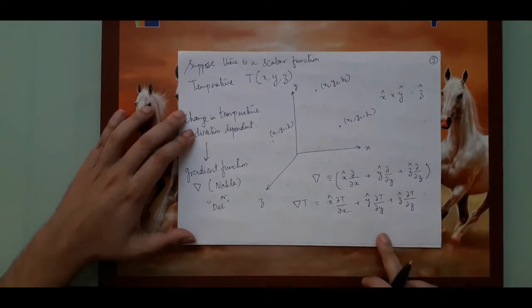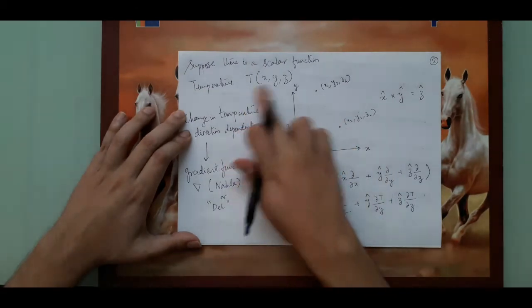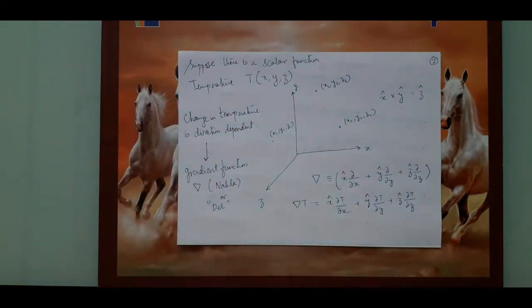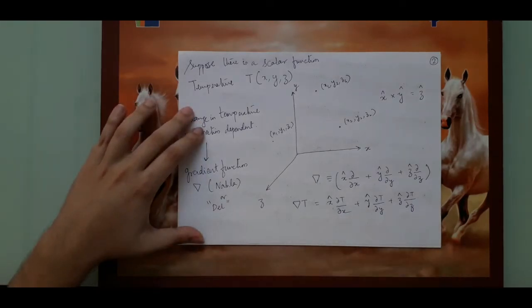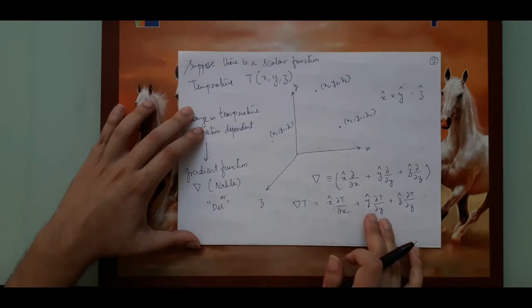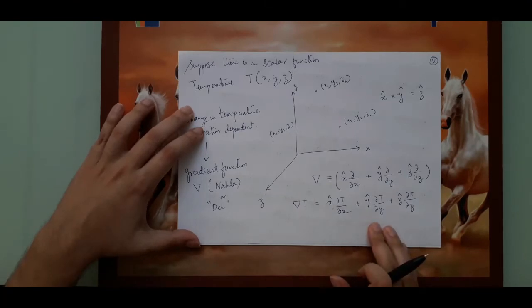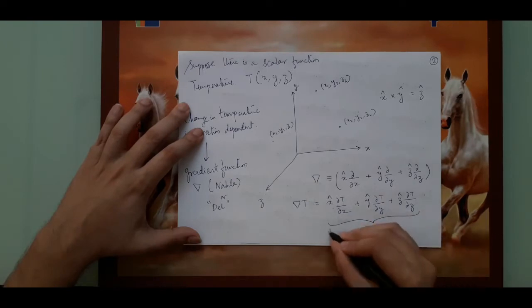What you can see is that the gradient of temperature is now a vector. So if we are able to capture our temperature profile properly using the xyz axes as a scalar function, then the vector function del T, the gradient of T, will give us the manner in which the temperature is varying. This is also called a directional derivative.